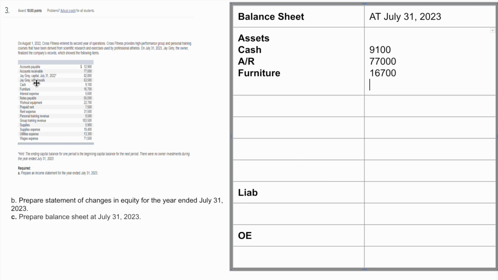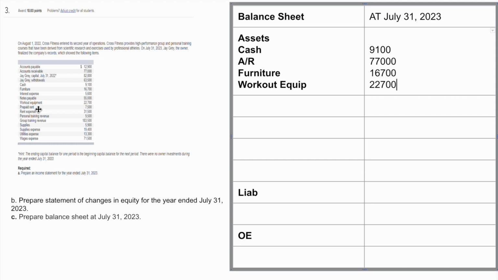We look down our list some more. Workout equipment, that's an asset, and it would be $22,700. What else we got? Prepaid rent.